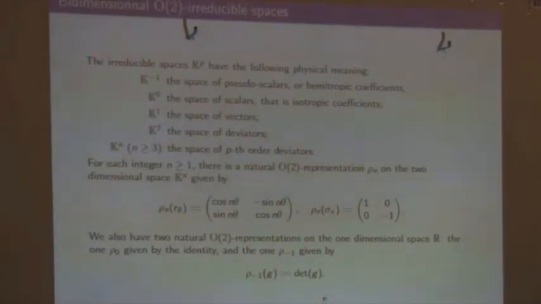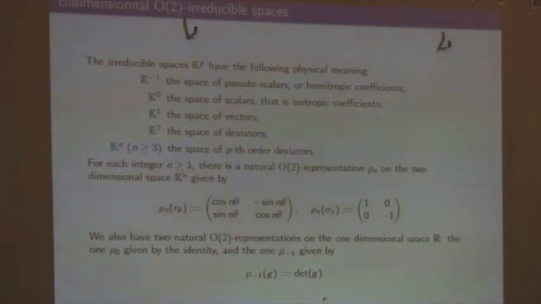Okay, so here I will give some more detail on the irreducible space in two dimensions. K0 is a scalar, so it does not have any transformation; it remains invariant.